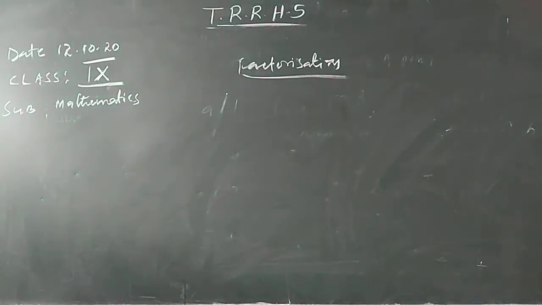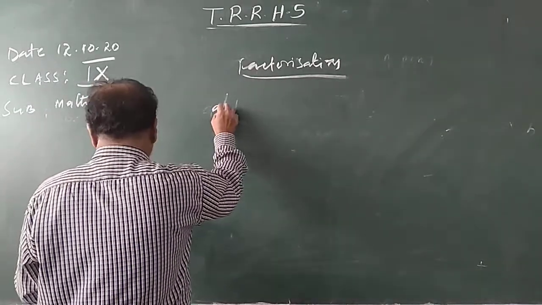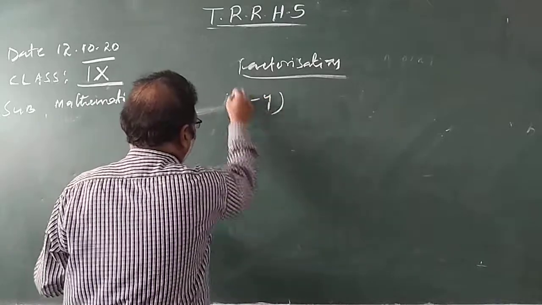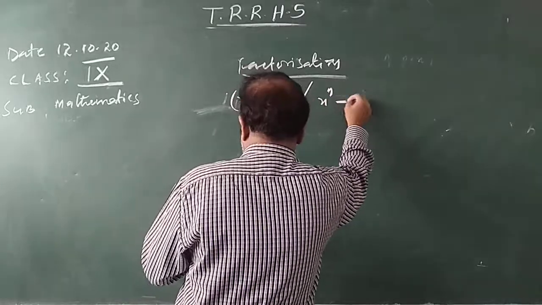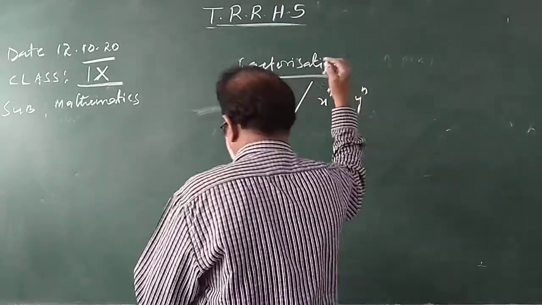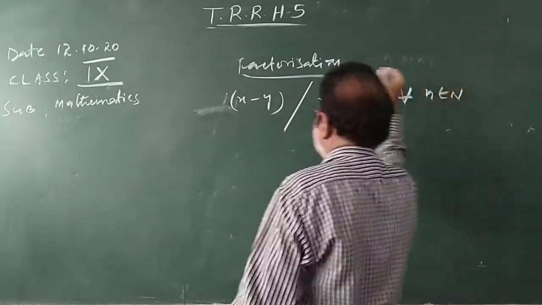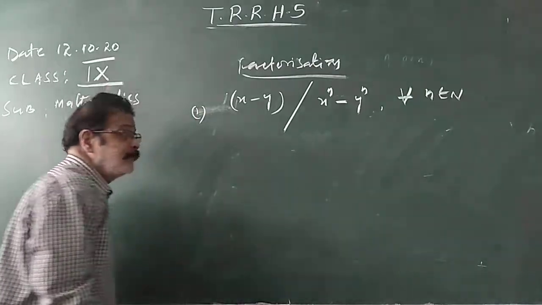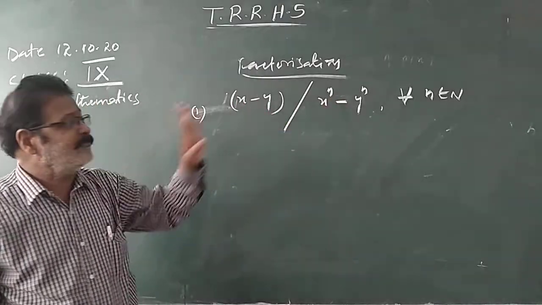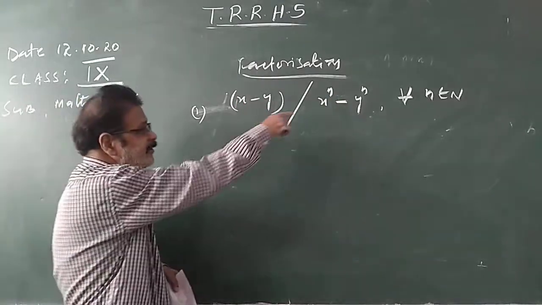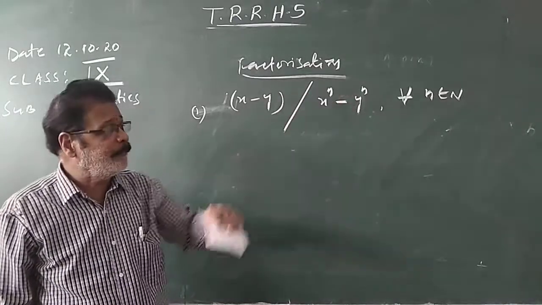They are: x minus y is a factor of x to the power of n minus y to the power of n, for all n belonging to N. If any algebraic expression is in that form, x minus y divides x power n minus y power n.